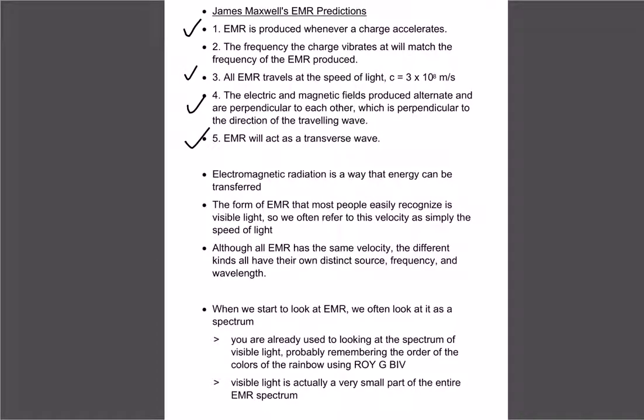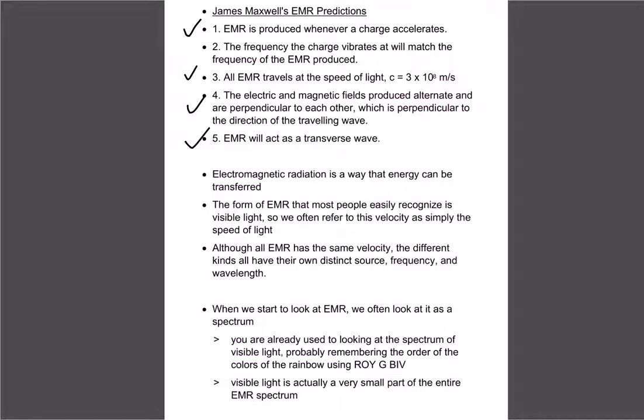Because electromagnetic radiation can be a transfer of energy, and that's what we're using to transfer energy, we have to think of anything that transfers energy as typically being an EMR wave. So using your remote control, that's EMR radiation. Even though visible light is our most common one, because we can see it, there are all other types that have different frequencies and different wavelengths.